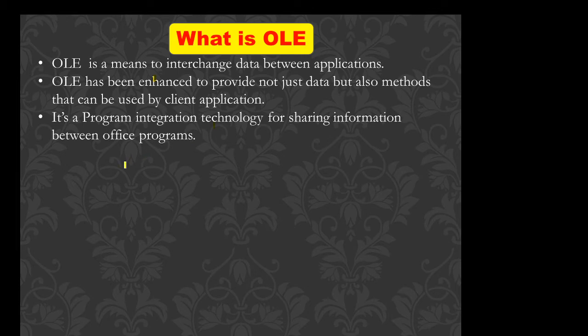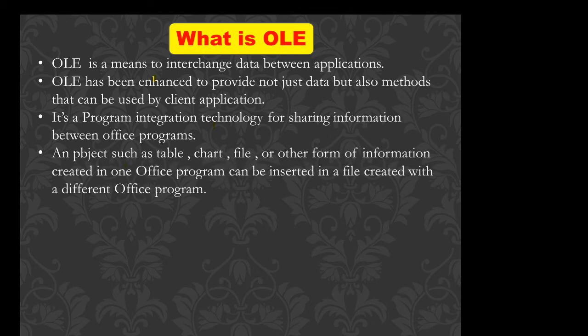More than one integrating tool is there, such as an object like a table or a chart or a document file, or any form of information created in your Office program. This can be inserted into a file in your client application.